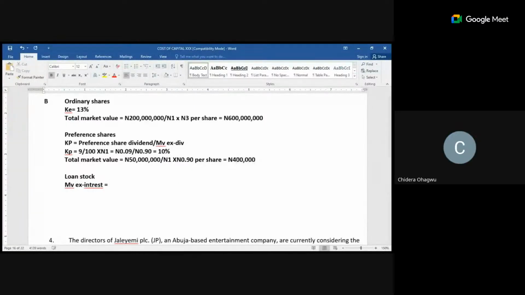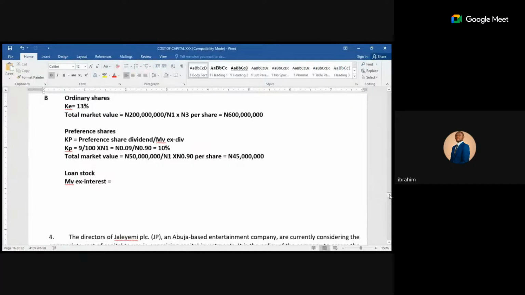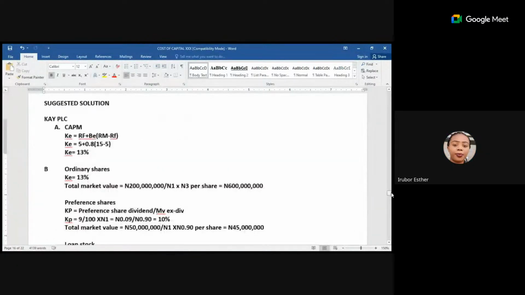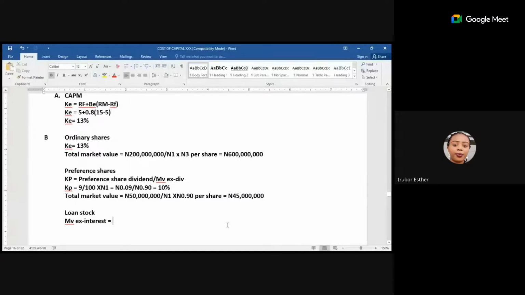Okay, that's fine. So market value ex-interest. What is the market value ex-interest of the loan stock? 100.57. 100 naira 57 kobo.